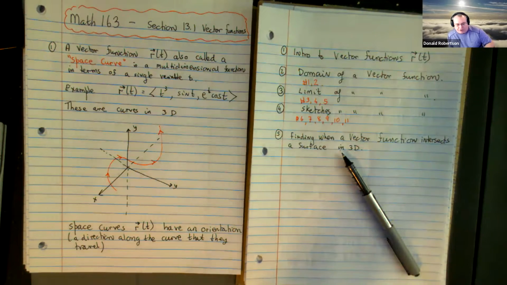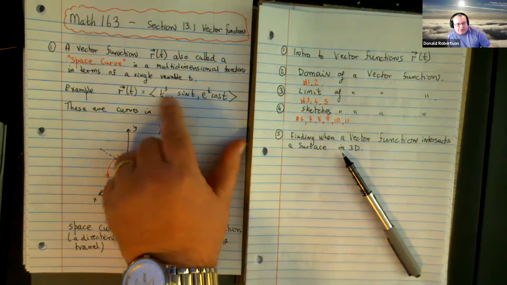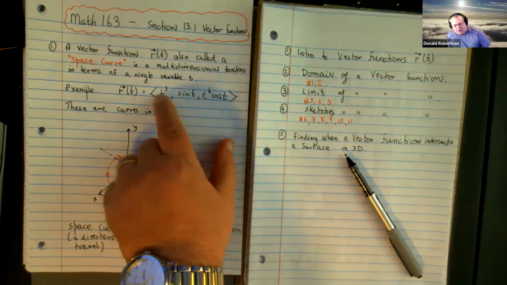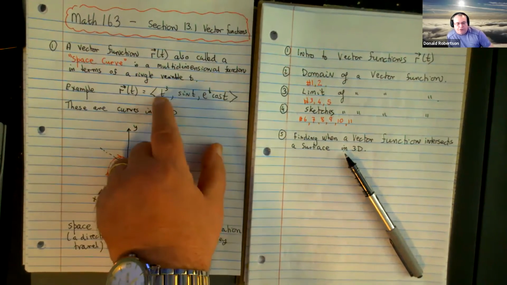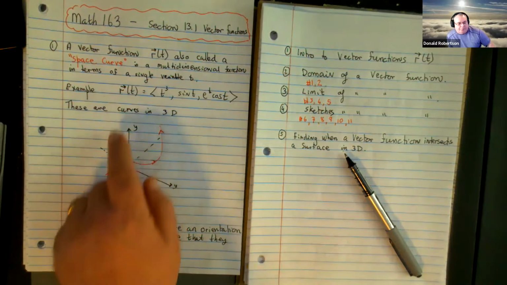Well, if you go t cubed in the x, sine t in the y, and e to the t cosine t in z, would you agree it's just your x, y, z coordinate, right? So from the origin to that point. So it is a vector, but you can also think of it as it tells you the coordinates of a point at any given value of t.